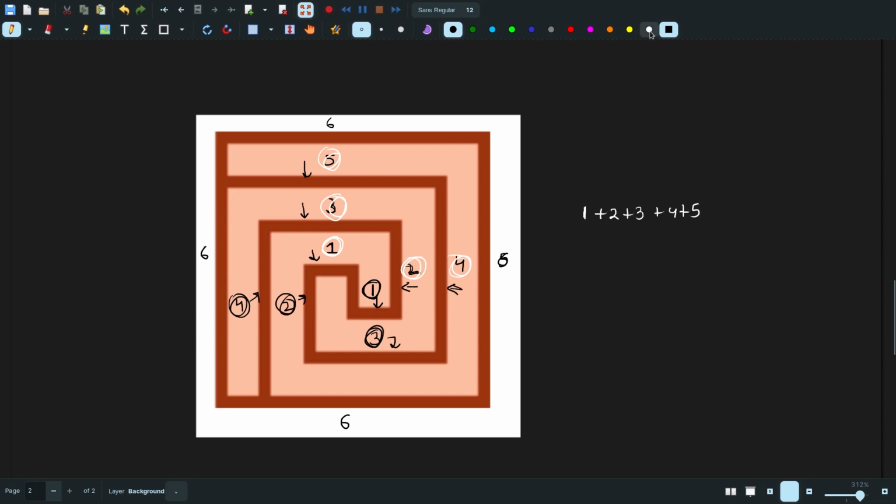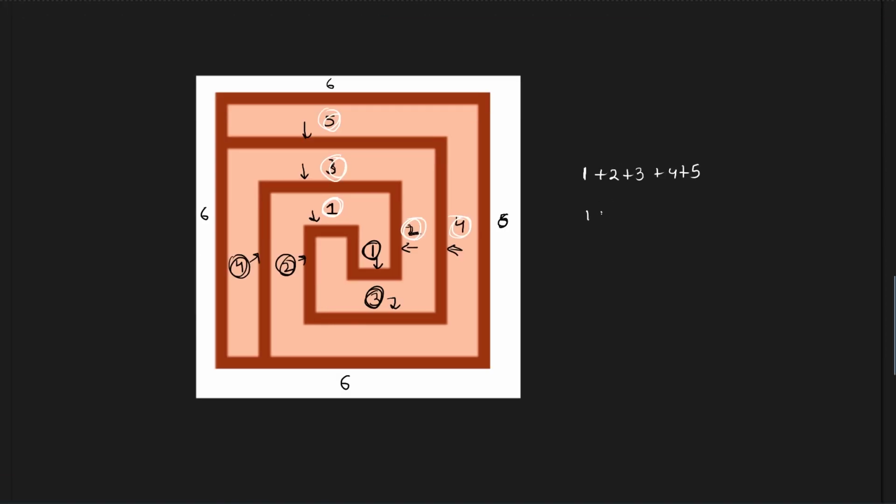So the total value is 1 plus 2 plus 3 plus 4 plus 5. Now let me mark some other values. This one is 1, this one is 2, this one is 3, and this one is 4. So again, let me add all these values: 1 plus 2 plus 3 plus 4, right?